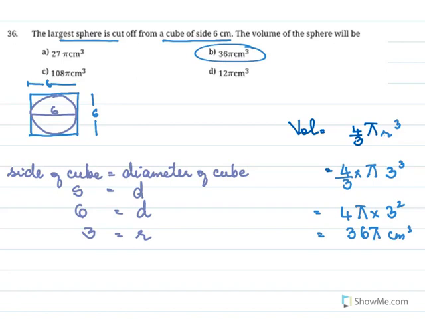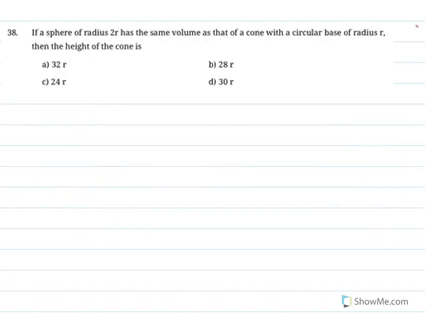Here's the right option. If a sphere of radius 2r has the same volume as a cone with circular base of r. So here we have a sphere and the volume of the sphere equal to volume of the cone.